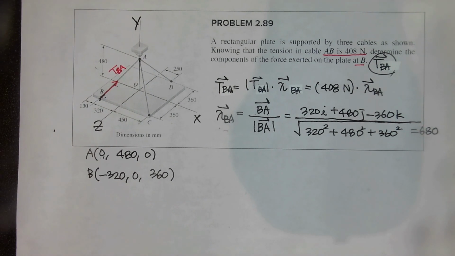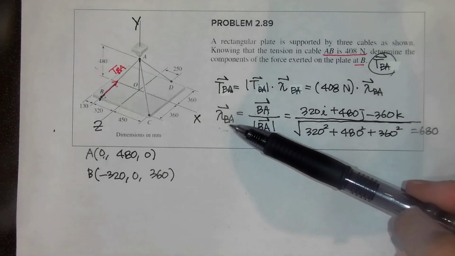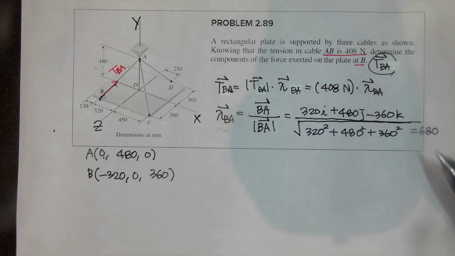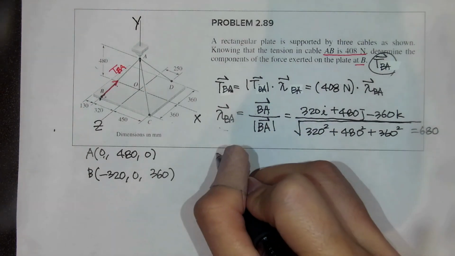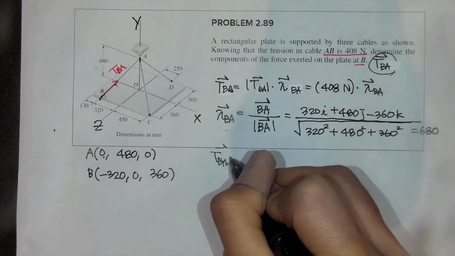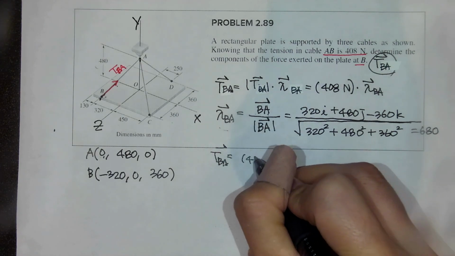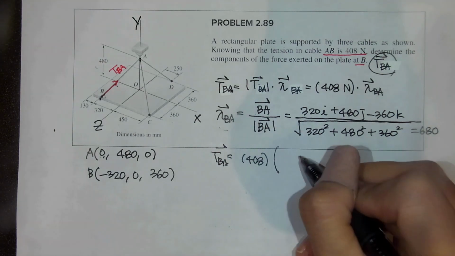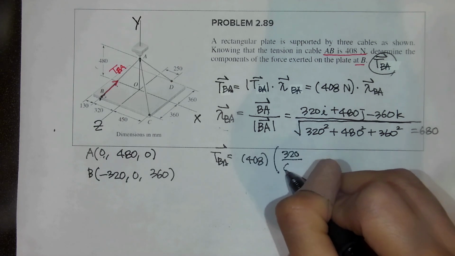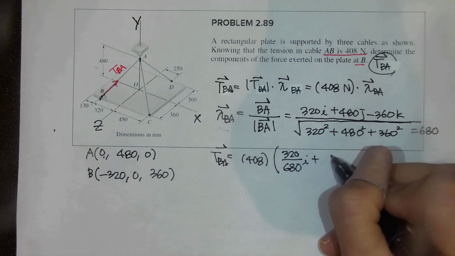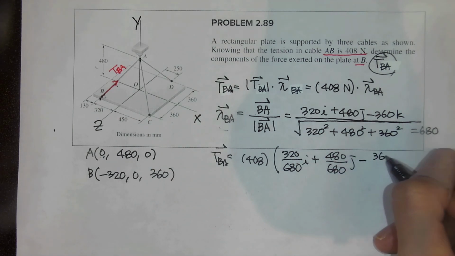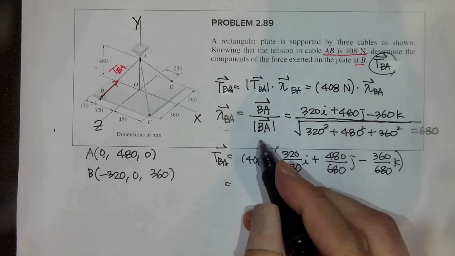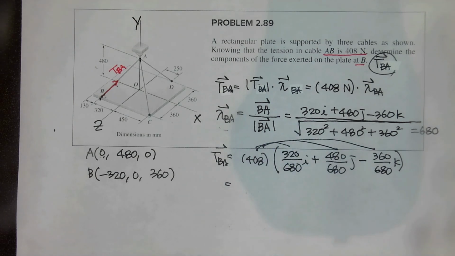So good, we found this directional vector and the magnitude is given. So we will multiply this with this. So let me write it down. 408 times 320 over 680I plus 480 over 680J minus 360 over 680K. Okay, and then multiplying this, right?